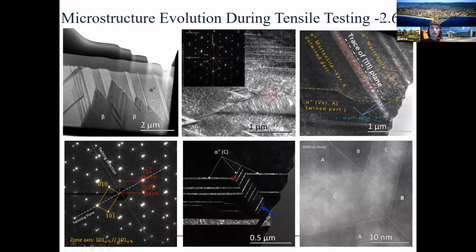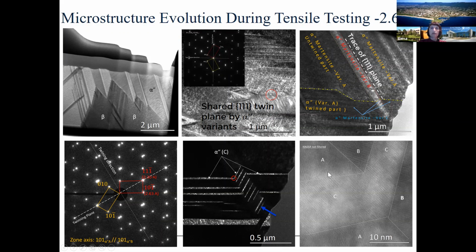At increase of load to 2.6%, we have much more extended phase transformation of martensite. Now we have multiple variants forming, and they are self-accommodating the strain as expected. You could see that they have one type of twinning formed, sharing the 111 plane, as we could see clearly here.